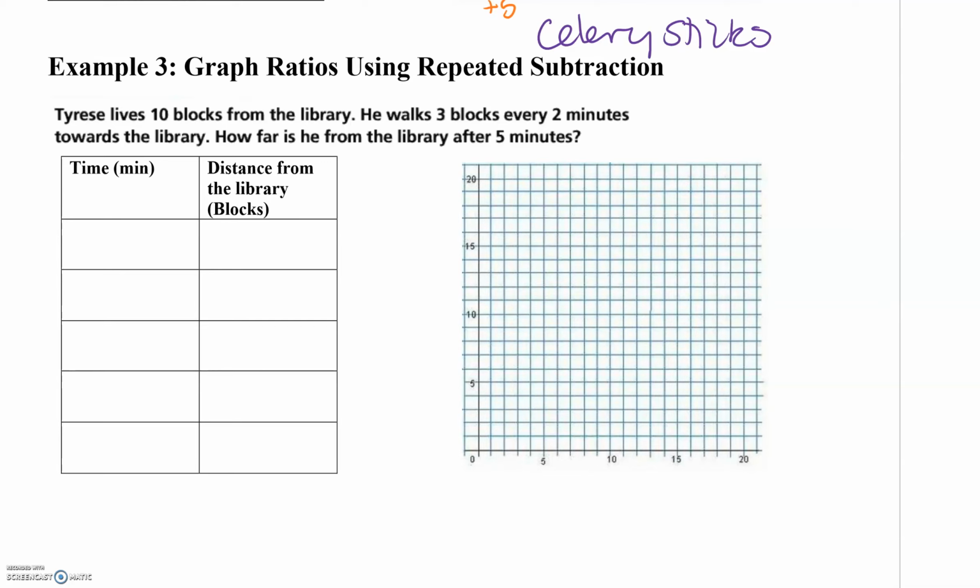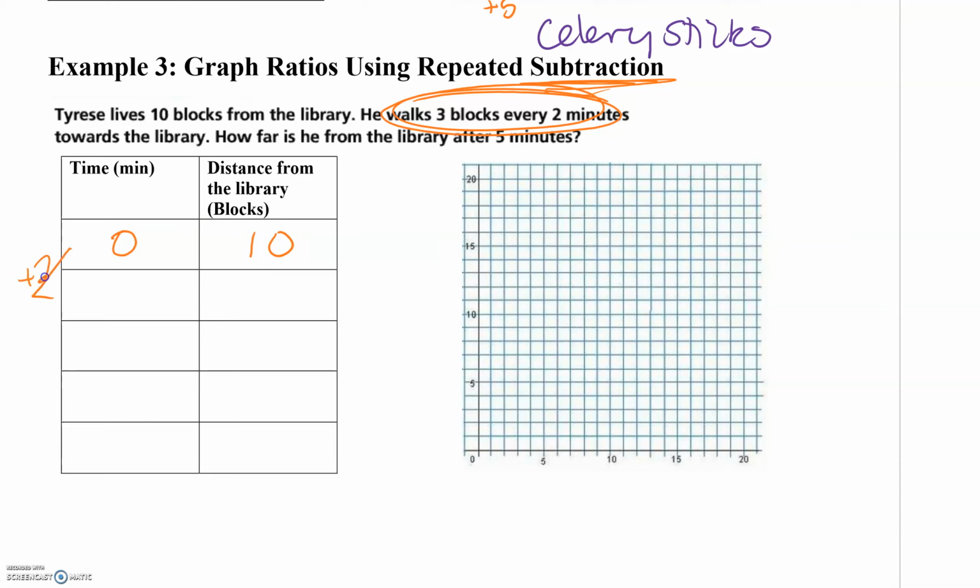All right, so let's start with our time being 0 if we're 10 blocks away. And if we look at our ratio here, this one starts a little bit differently because we're going backwards. We're going to be subtracting. So we have our starting point here, and we're working backwards.